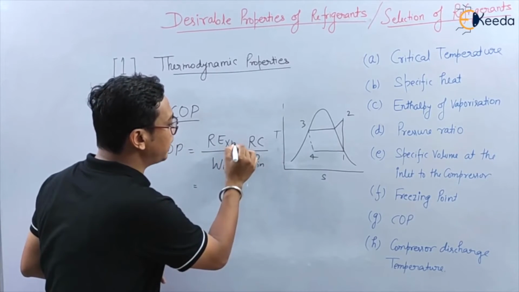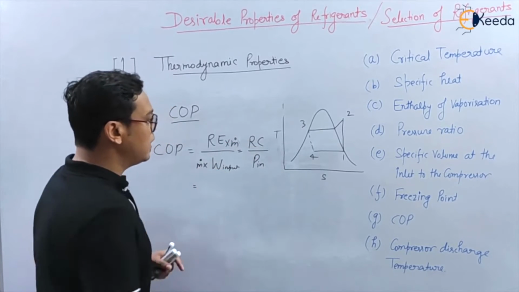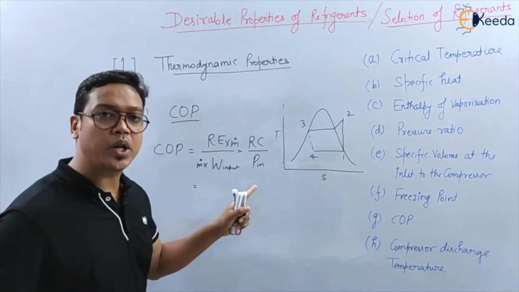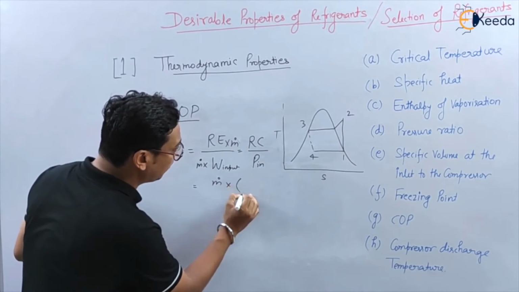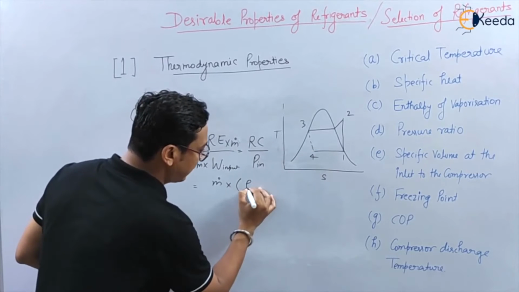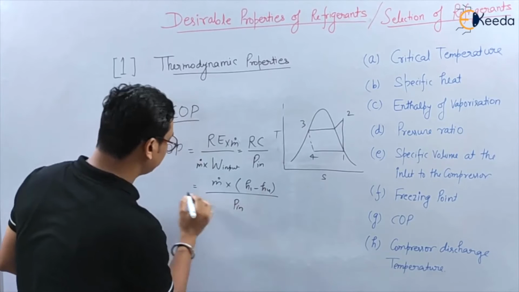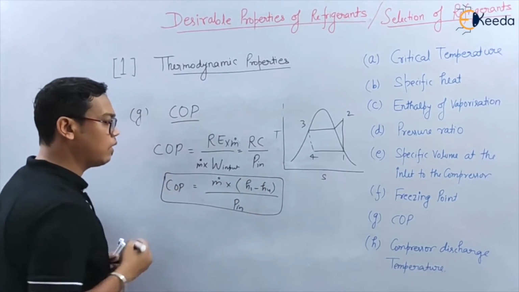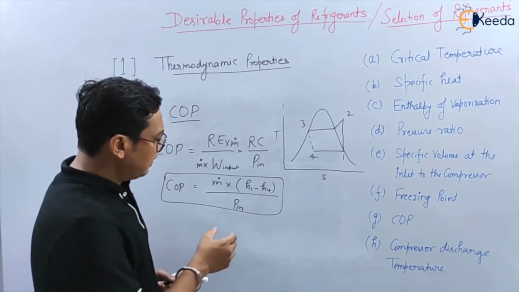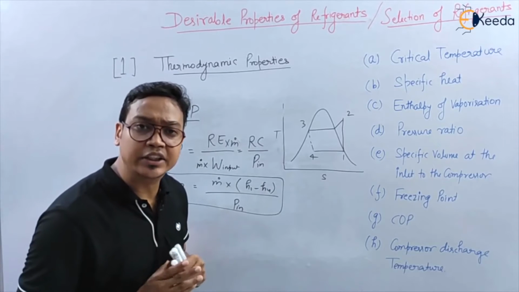I have already explained all these things. So if I write mass flow rate into RE, that means h1 minus h4, divided by power input. See here, this h1 minus h4 is the enthalpy of vaporization.